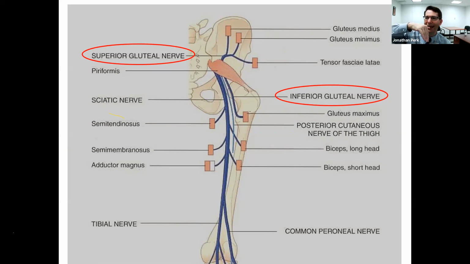So here we're talking about the hamstring muscles. They're in the backside of the thigh, and they're antagonistic to the quadriceps. So it's the semitendinosus and semimembranosus, and the short and long heads of the biceps.